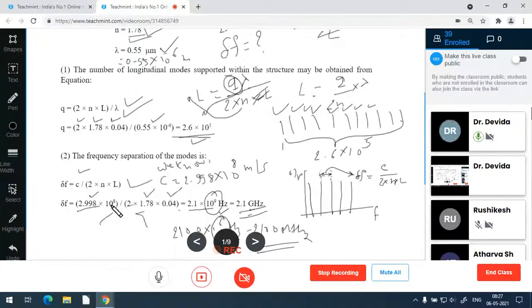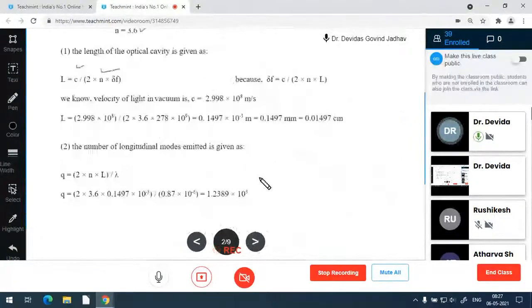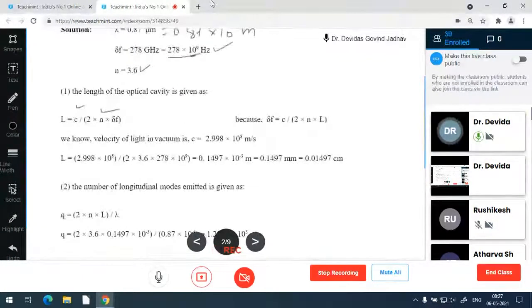This is one formula. And the second formula: delta f is equal to C upon 2L. Because we know delta f is equal to C upon 2L, this formula we are knowing.